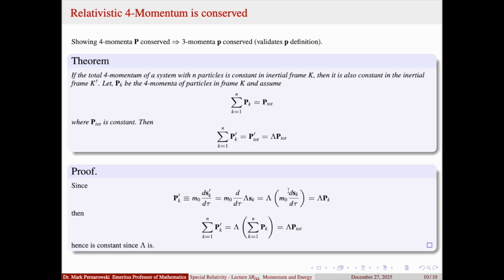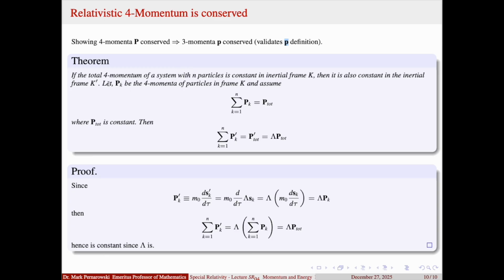Okay, one last thing here is that if you want to show that if I have 4 momenta that's conserved, that will actually imply 3 momenta is conserved. And if I can show that, then that will validate the definition of P further, namely our 4-dimensional momentum.